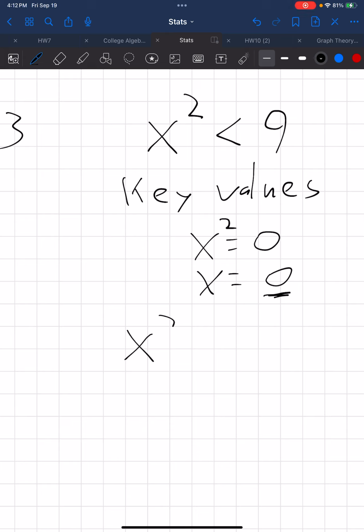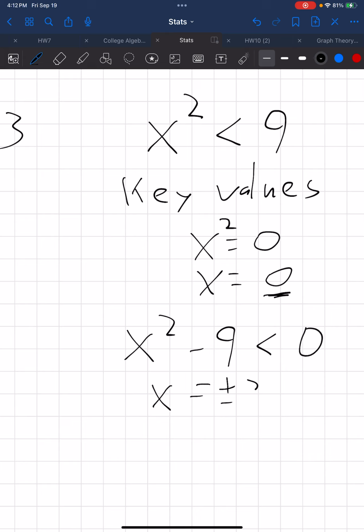But we know better, because if we subtract 9 over here, we can see the key values of this thing are actually x equals plus or minus 3. The other approach is to take the square root of both sides and say x is less than the square root of 9 and x is greater than the negative square root of 9, and those both turn into 3 respectively, giving us the same thing as the key values with 3.